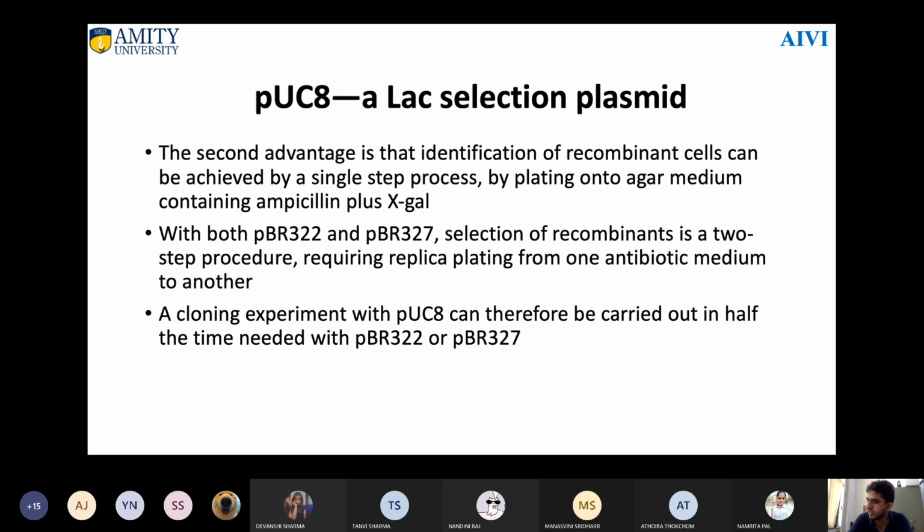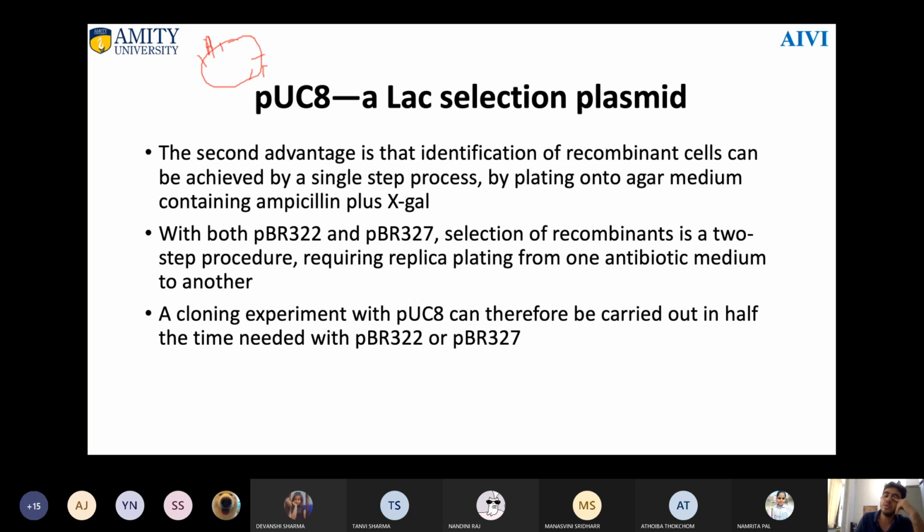In the previous case, what was there? We were selecting multiple times. So first, we say this is a vector, and these are the two genes: this is T, tetracycline, and this is A, ampicillin. If cloning is there, then ampicillin is going to be inactivated.